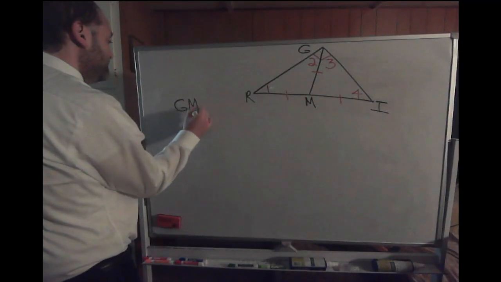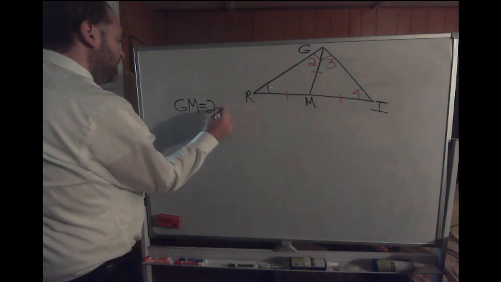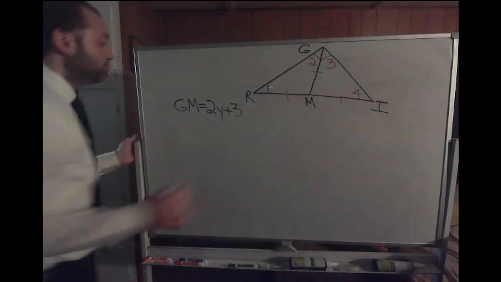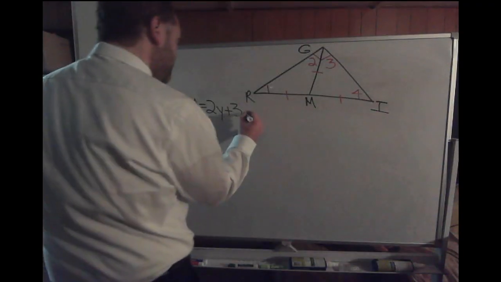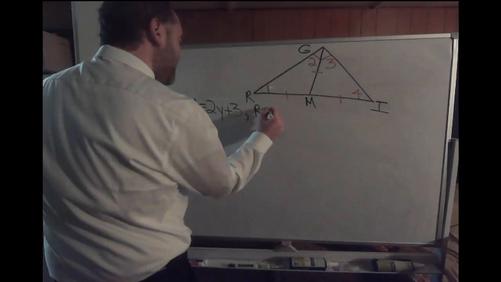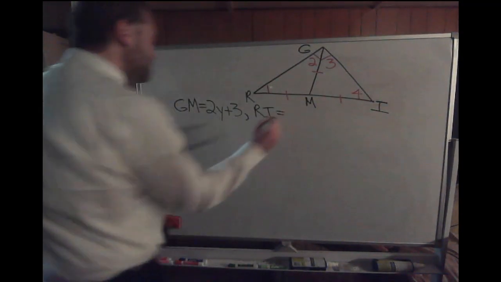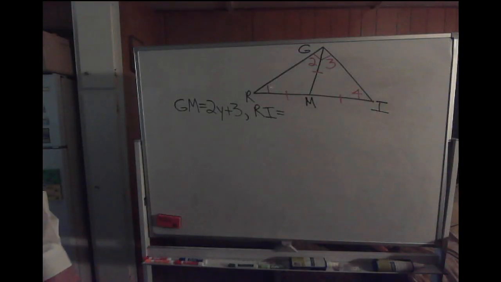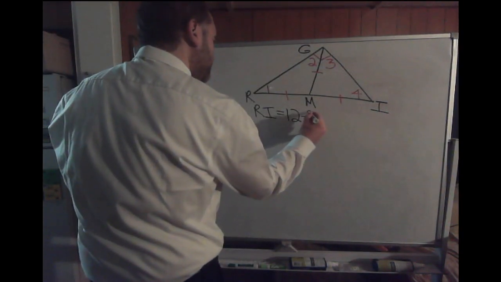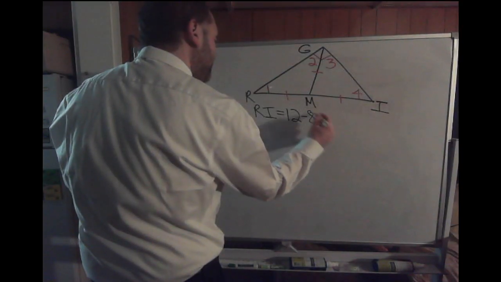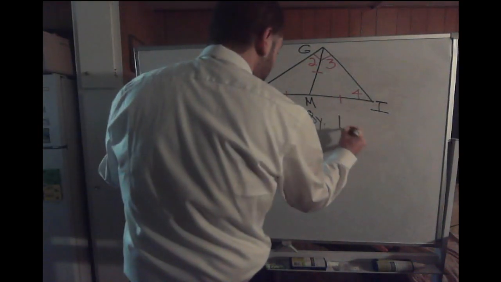So GM equals 2y plus 3. RI equals 12 minus 8y. Find y.